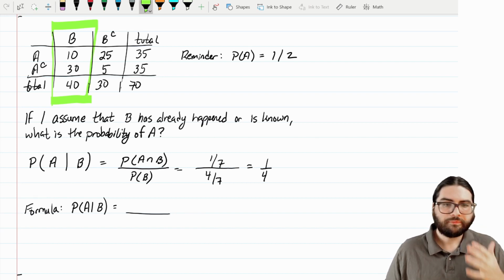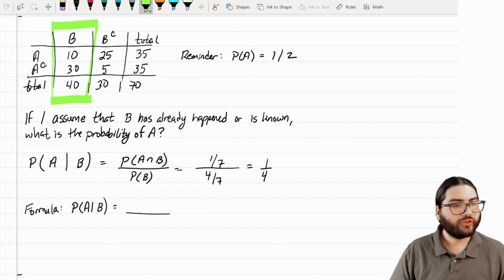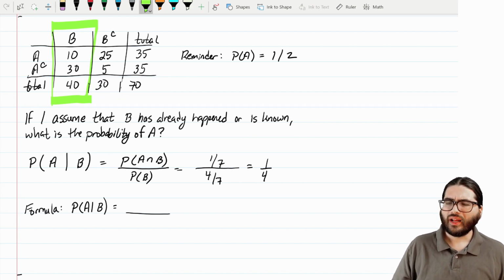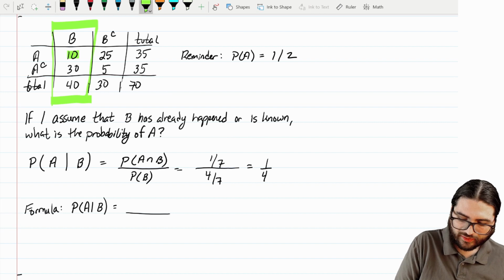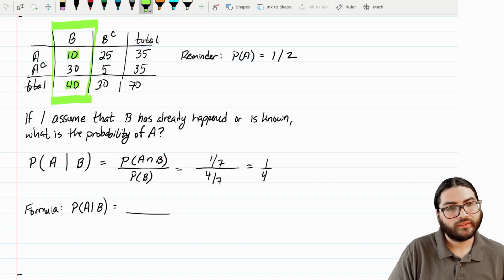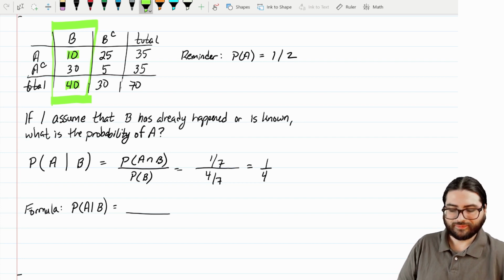Right? If I have the big table, of course, I can calculate this with the intersection probability divided by the probability of B. But I think it's a little bit more intuitive if you say, in this green box, the probability of A is 10 out of 40. And that's only allowing myself to stay within the green box.